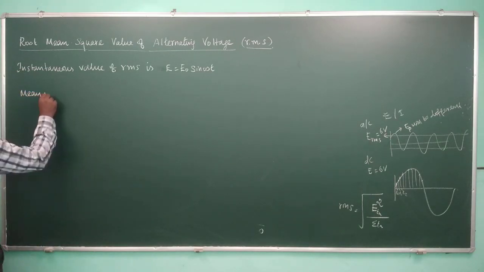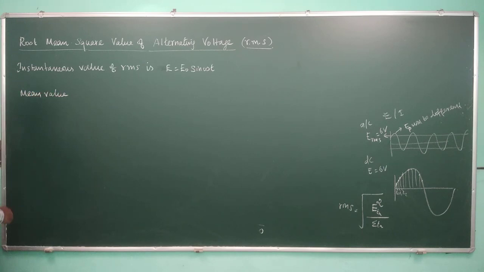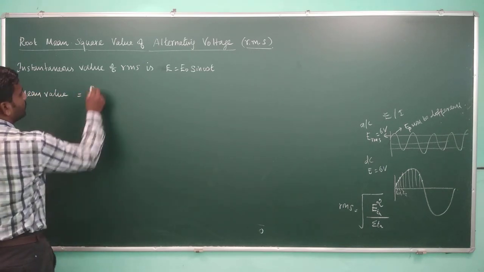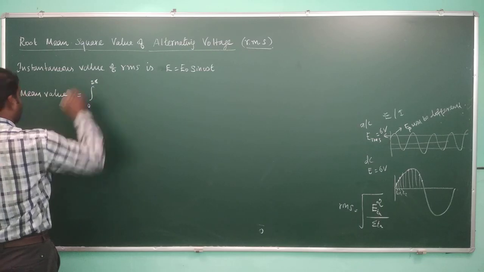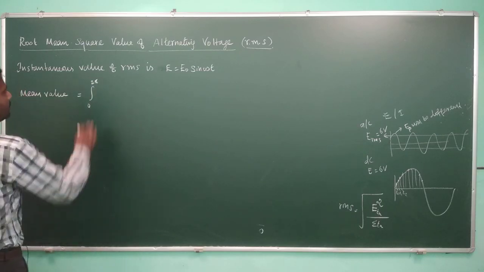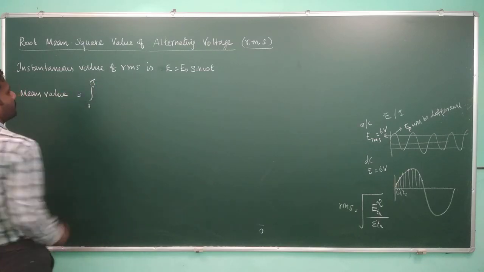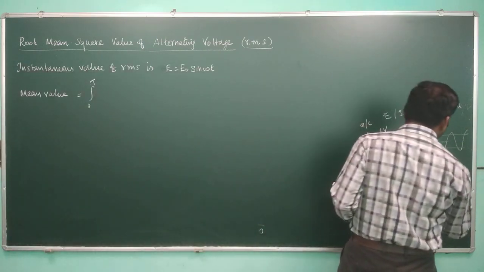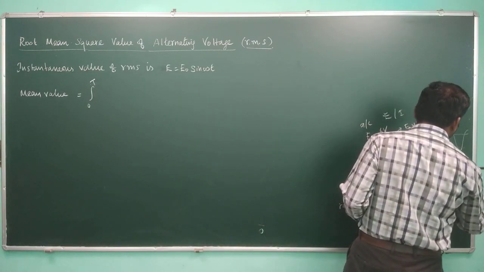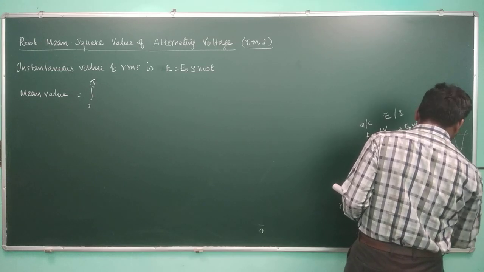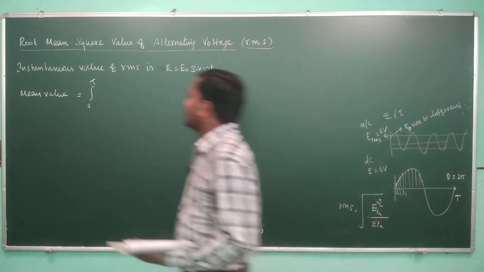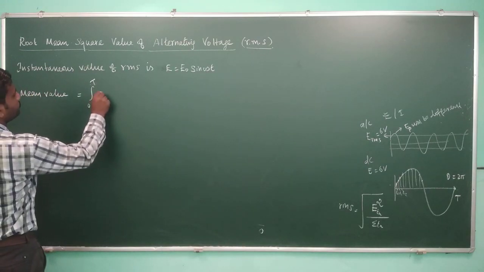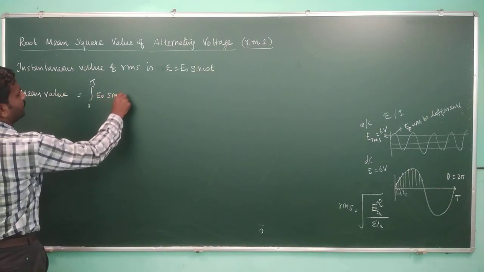What is the mean value? If you want to take the mean value, you have to integrate it over 0 to 2 pi for a complete cycle, that you can say is the period of oscillation T. Both are the same. From this point to this point, if you write it in theta, this becomes 2 pi, and if you write it in t, then this is t equal to one period T. Then E0 sin omega t.